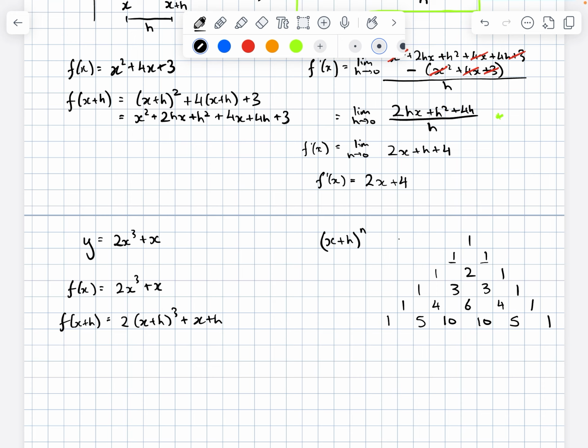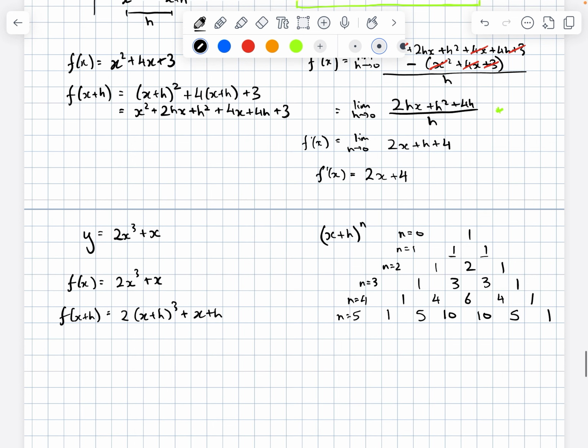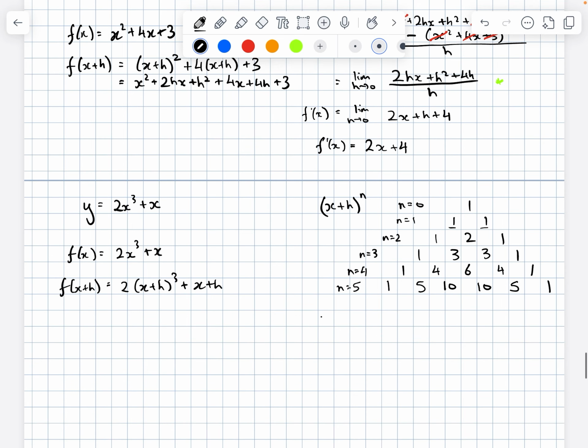If I have n equals 0, I'm looking at the top line, n equals 1, the next line, n equals 2, third line, n equals 3, the fourth line, n equals 4, the fifth line, and n equals 5 being the sixth line. When n is 0, I get x plus h to the power 0. Anything to the power 0 is just 1, and so we're left with 1.